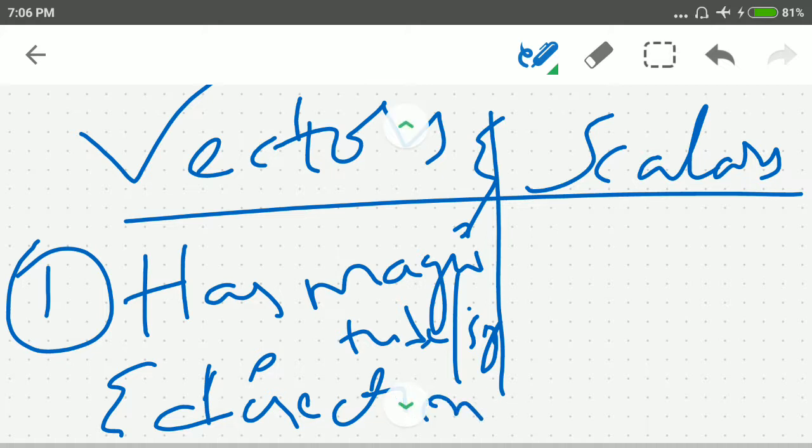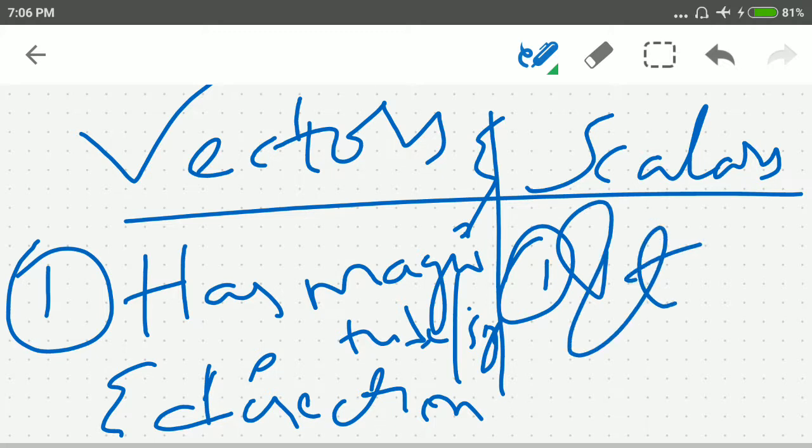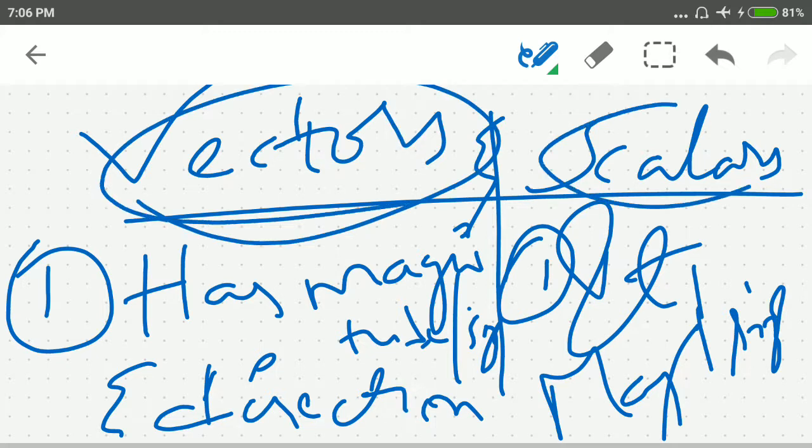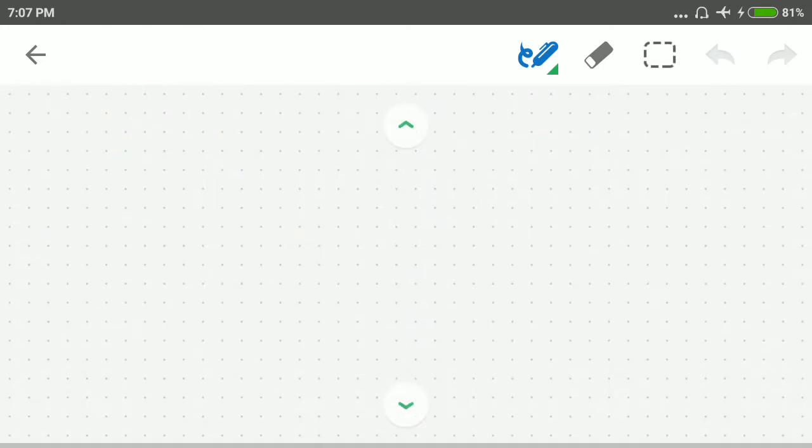And now coming to scalars, they only have magnitude. I mean to say size. So what are vectors and scalars? These are known as quantities. That maybe sounds like, what's this? Let me give you an example that may clear every doubt you have.